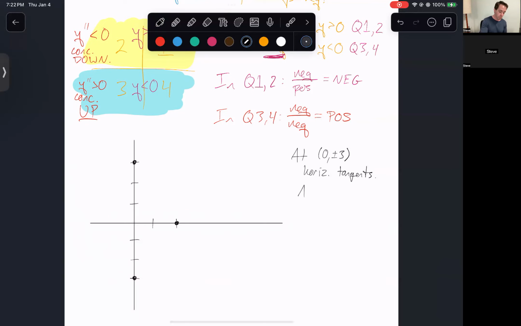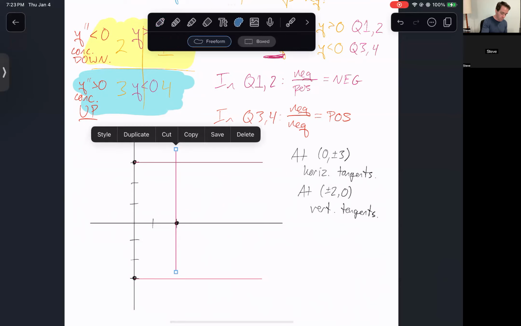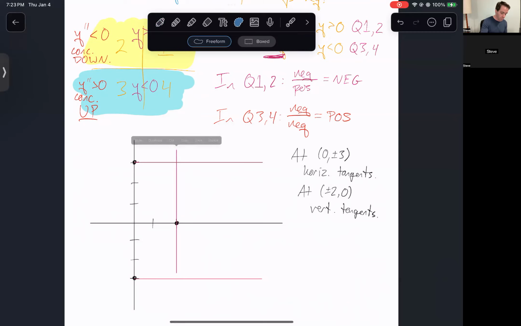So without drawing the relation itself, we know that the tangent lines are going to look like this. They'll be horizontal there, and vertical there. So think about what the tangent lines would look like in between.